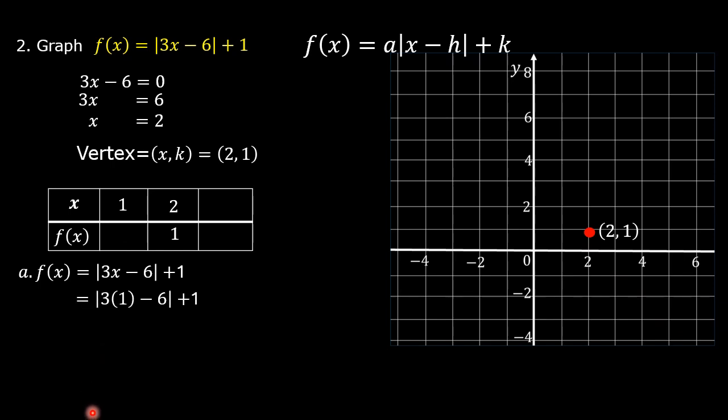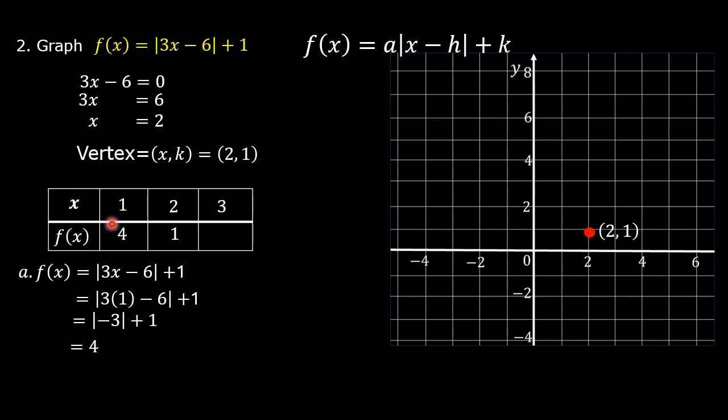So we have the absolute value of 3 times 1 minus 6 plus 1. 3 times 1 is 3, and then 3 minus 6 is negative 3. So this is the absolute value of negative 3 plus 1. The absolute value of negative 3 is 3. 3 plus 1 is equal to 4. So when x is 1, f of x is equal to 4.